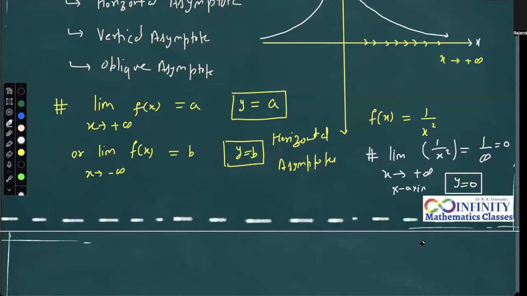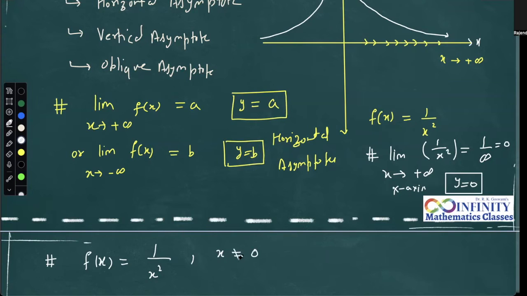Perfectly okay. So look at the same question again, 1 over x square. If I ask you, tell me a point where the function is not defined, what will you tell me? Zero.